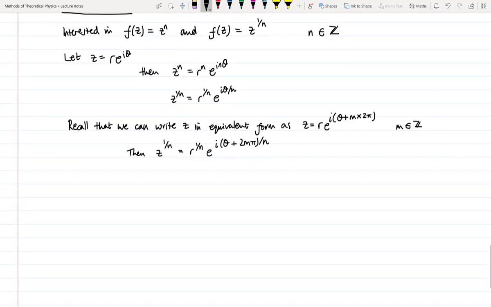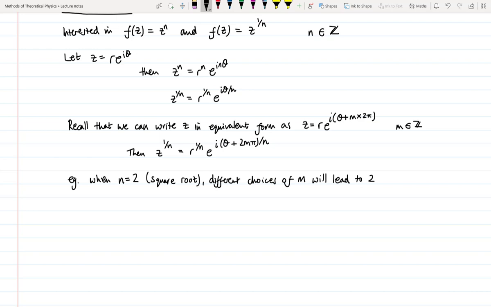Now what does this mean? Let's consider when n equals 2, in other words, we're taking the square root of the complex number z. Different choices of m will lead to 2 distinct values of z to the half.